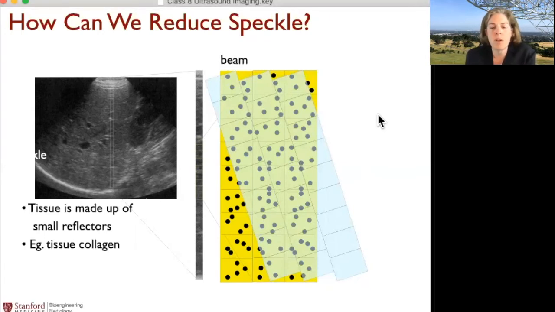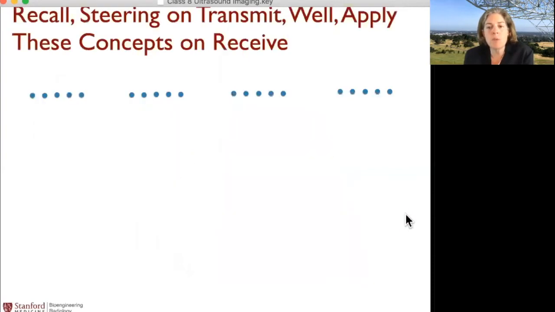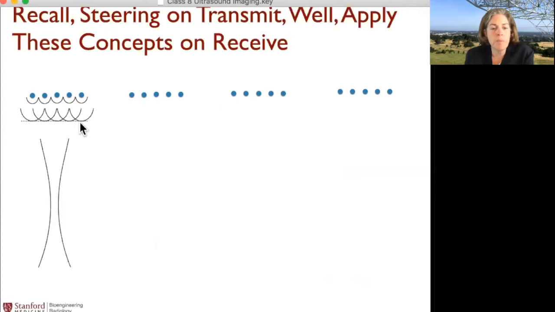Okay, let's just review for a moment so we're all on the same page. How do we get lines that come in at an angle? We talked about that before in terms of transmit. Say you have a subaperture and you have your wavefront. If they all have the same phases, you have a linear wavefront and you're going to get a beam, but you can do better than that by phasing them around a circle.